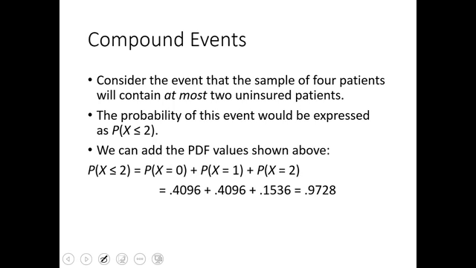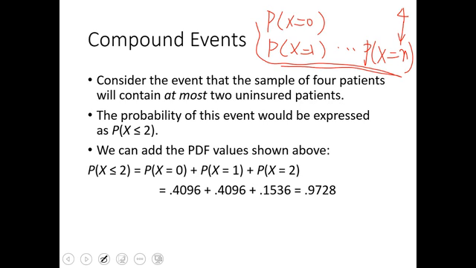Okay, so then we know the probability that X is 0, the probability that X is 1, and so on, up to the probability that X is n. In our example, n was 4. So if we know all the possible probabilities, then what is the probability that x is less than or equal to 2? The probability that x is less than or equal to 2 is the probability that x is 0, 1, or 2.